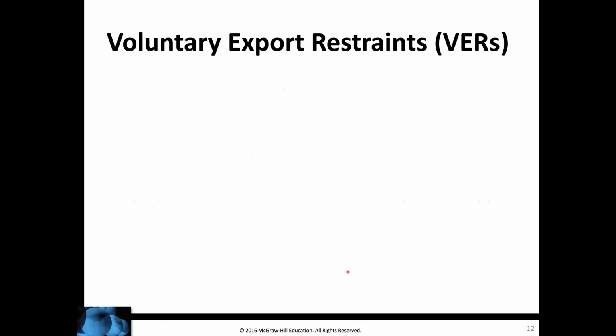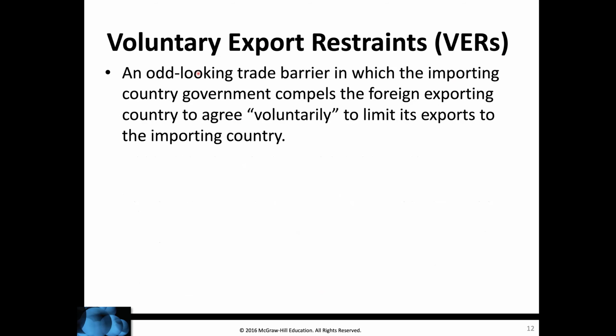Okay, another non-tariff barrier to entry is what we call voluntary, and that's a funny word to use, voluntary export restraints, VERs. So it's an odd-looking trade barrier in which the importing country government compels the foreign exporting country to agree voluntarily to limit its exports to the importing country.